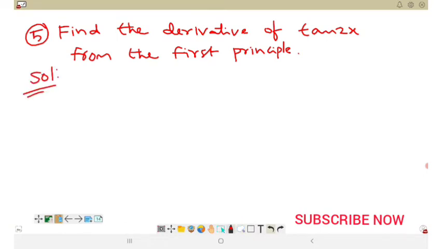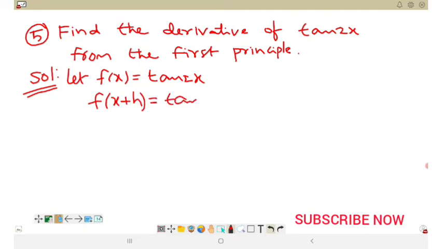Solution: let f of x be the given function, that is tan 2x. f of x plus h is tan 2 into, substitute here x equals x plus h, so tan of 2x plus 2h.